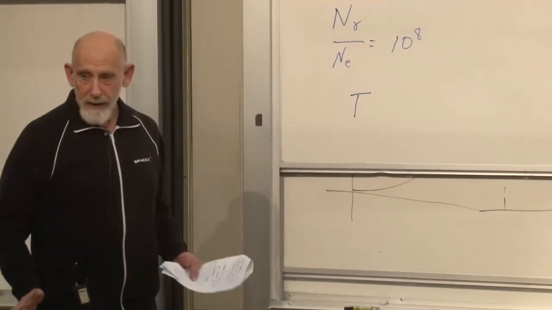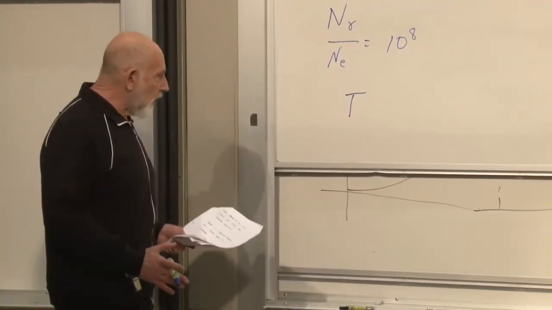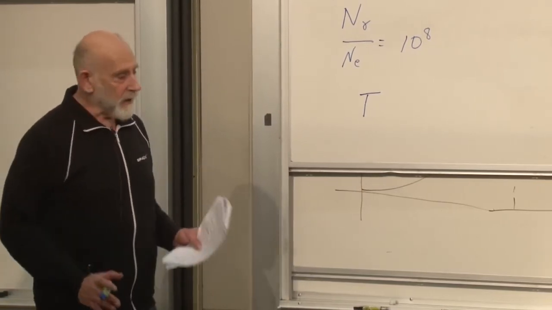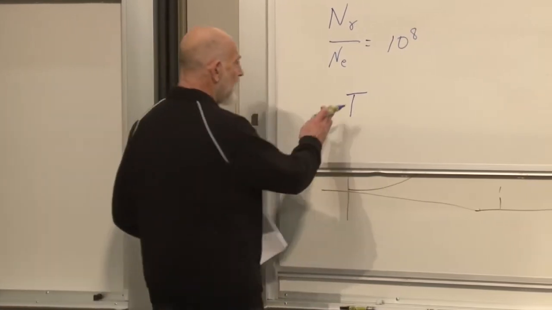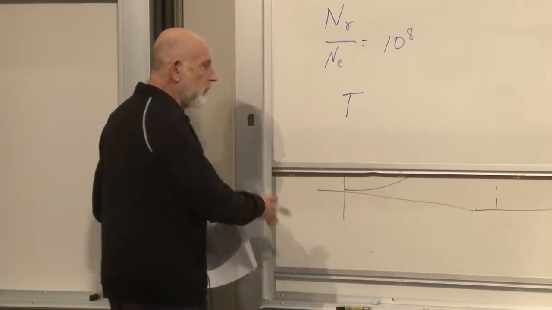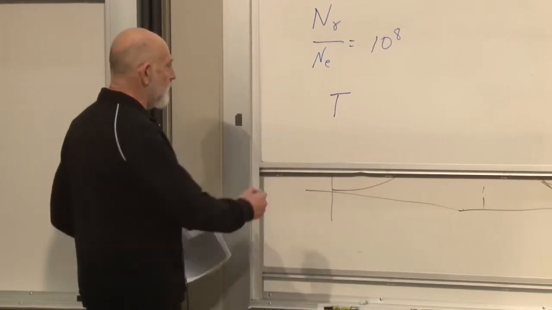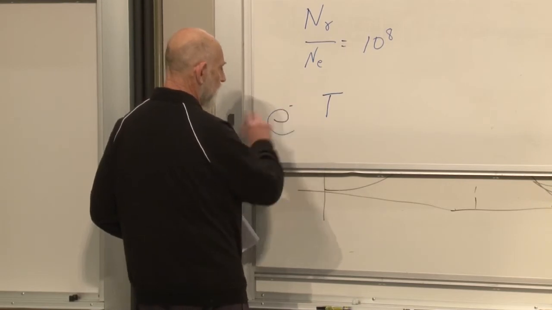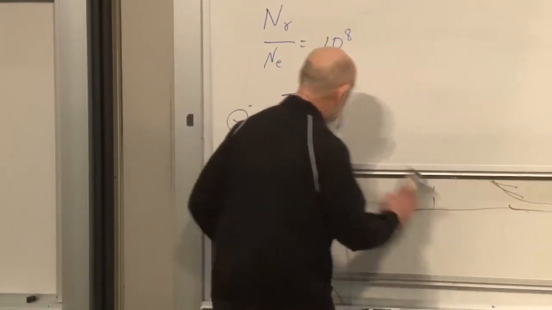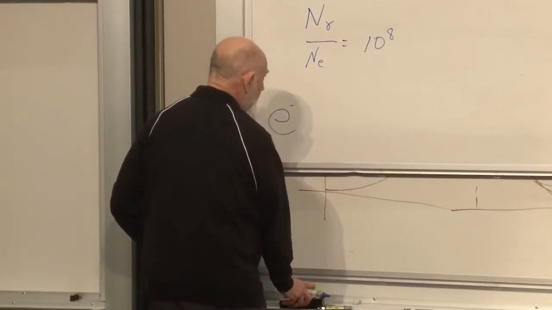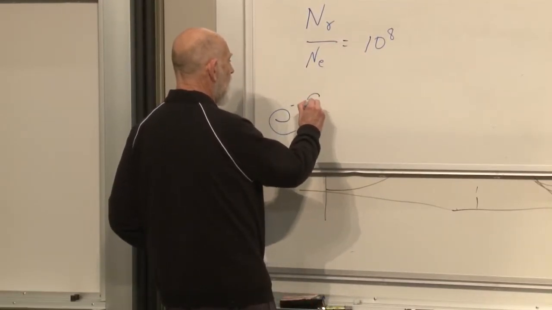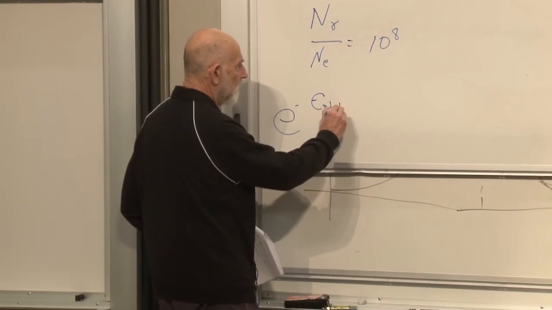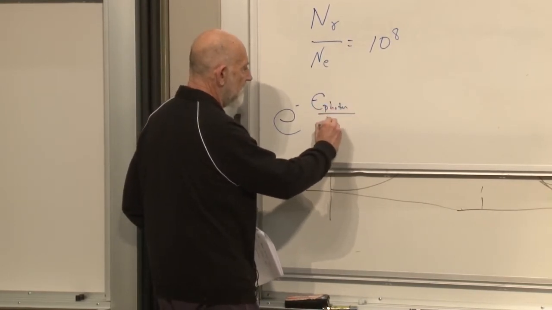What is the probability that a photon have a given energy? And the answer is, at a temperature T, the probability for photons to have different energies is of the form e to the minus, let's write it correctly, the energy of the photon, let's call it epsilon for the energy of the photon, divided by kT.